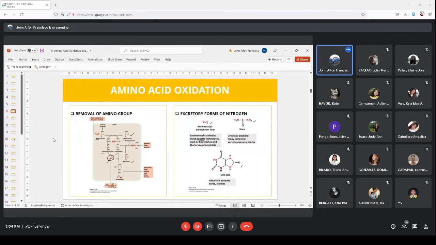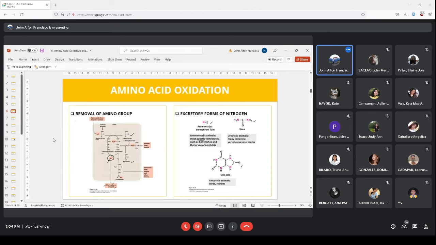Since the goal of those forming uric acid is the conservation of water, they will build many moles of ammonia or urea into one compound.